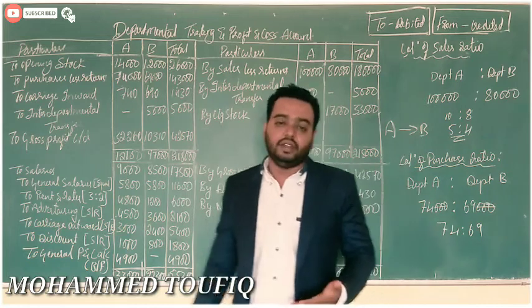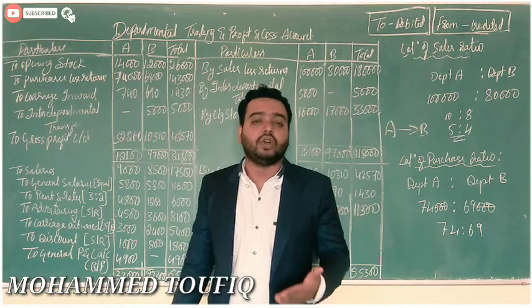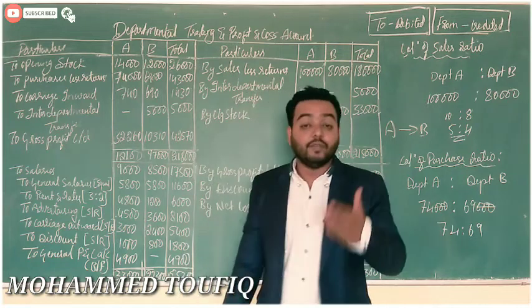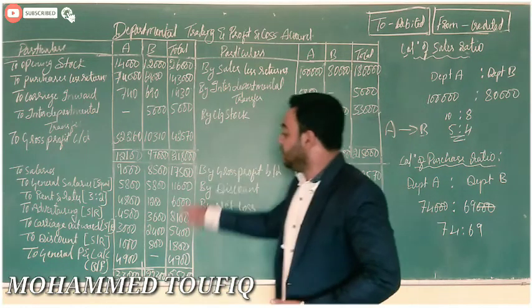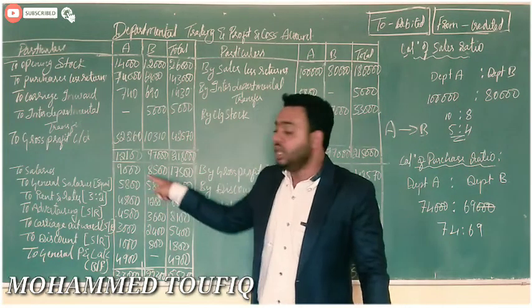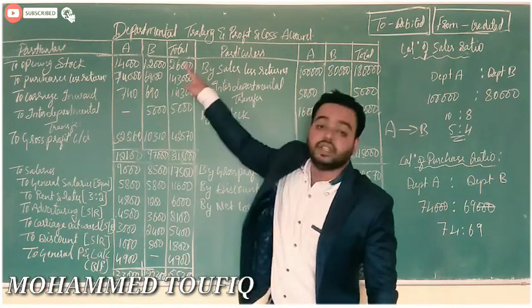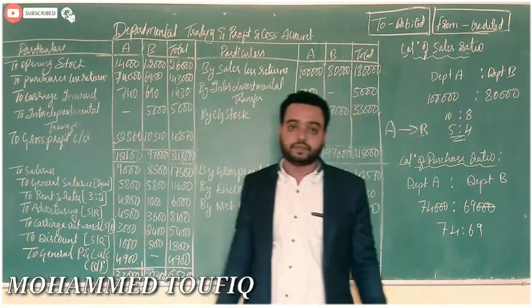But in the adjustment, you can see the general salaries should be distributed equally. Hence, this 11,600 is distributed equally, 5,800 for department A and 5,800 for department B.